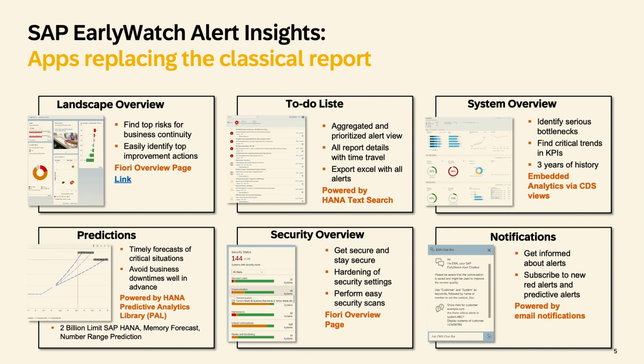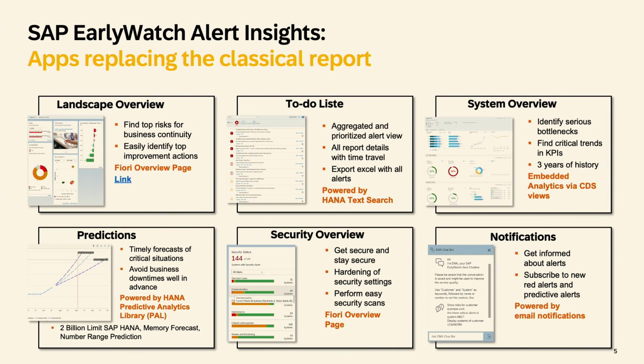So if you, for example, as a partner, open the workspace and select a customer number, you will get an overview on which are the most important systems in the landscape. Where are the most productive users working on? We also have in this landscape overview an overview on when did the last upgrade happen or the S/4HANA conversion, and what was the performance impact before and after the upgrade.